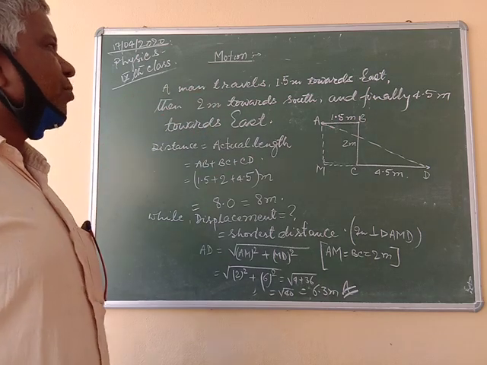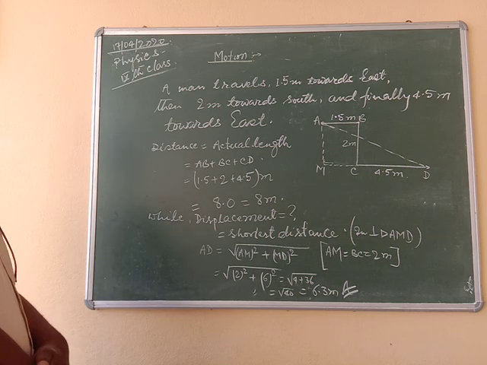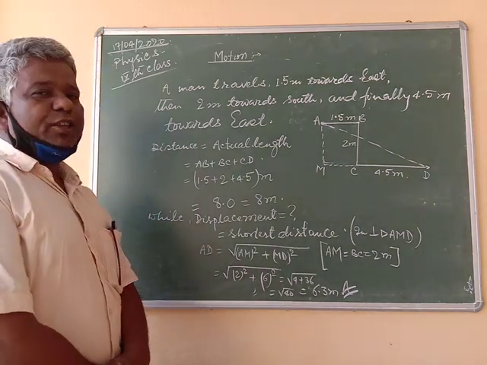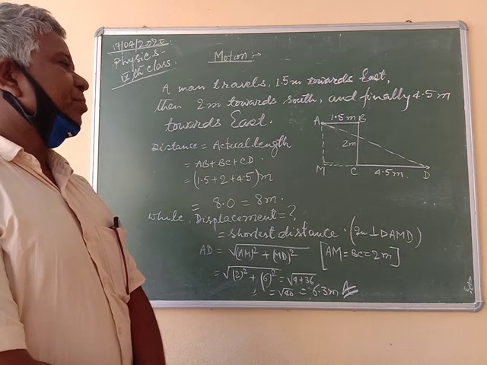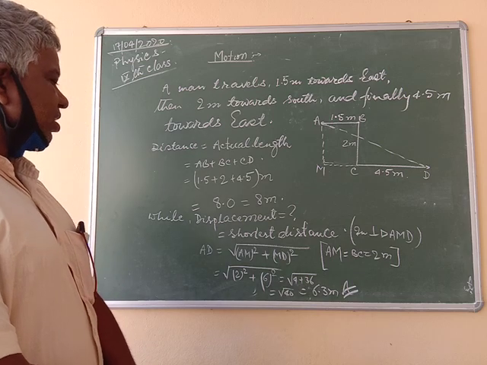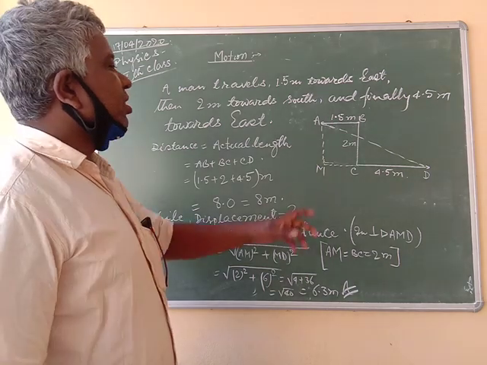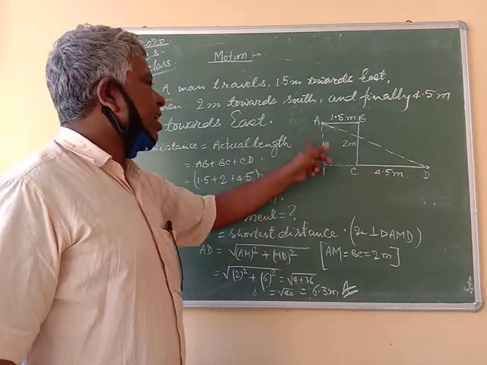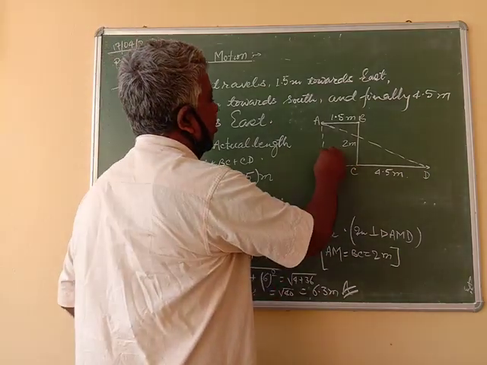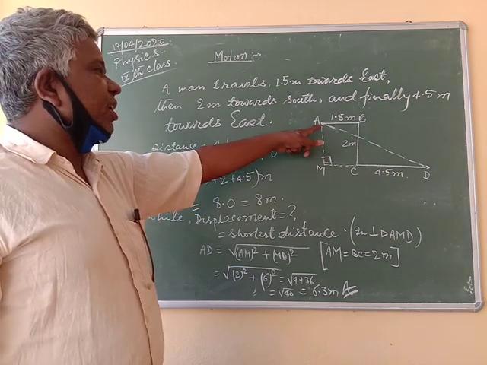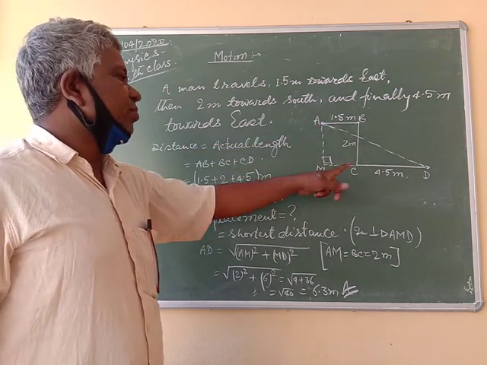A man travels 1.5 meter towards east, then 2 meter towards south, and finally 4.5 meter towards east. Actually, we have to find out the distance, which is equal to actual length, AB plus BC plus CD. While displacement is equal to the shortest distance, as I have discussed in this figure, I have put a perpendicular AM parallel to BC, and then we can see it very clearly in right triangle AMD.